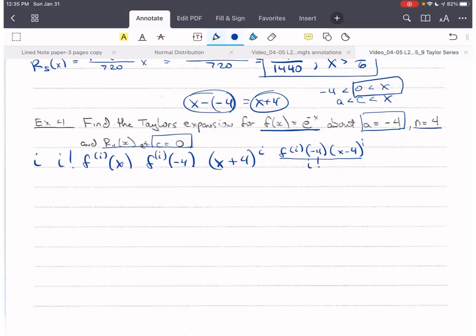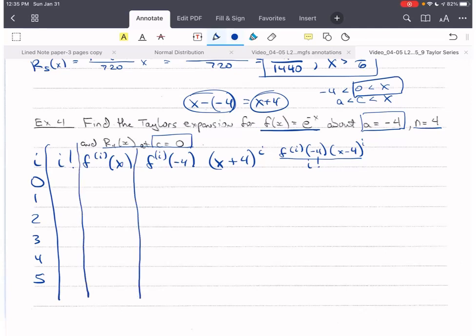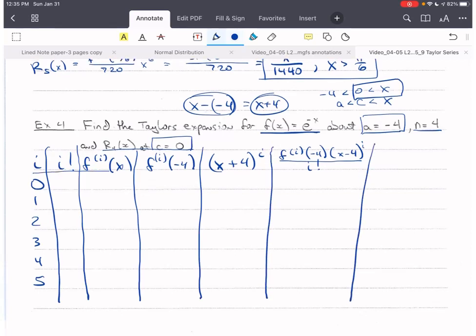And I'm going to do this for I equals 0, 1, 2, 3, 4, and 5. And hopefully you'll see why I did this once we start seeing the patterns. Okay. So I do urge you to use a table like this. 1, 1, 2, 6, 24, 120.